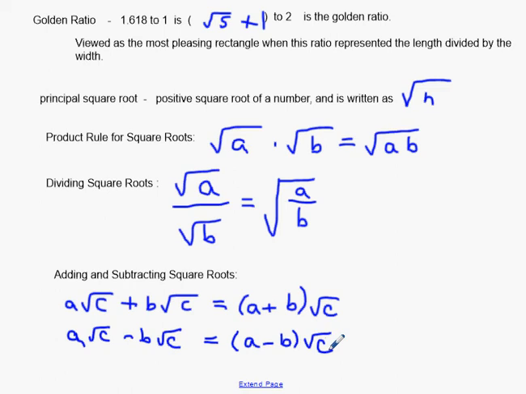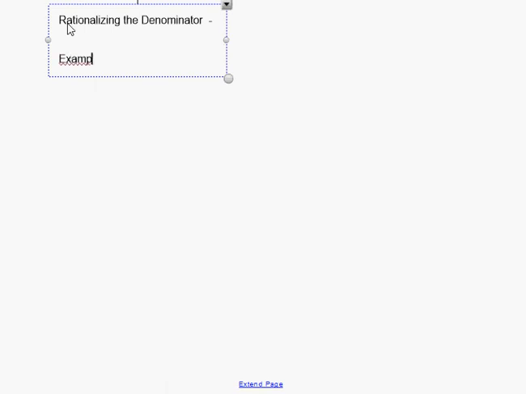Now, we're going to talk about rationalizing the denominator. That's where we end up making the denominator a rational number. And this is called rationalizing the denominator. So if we have a square root in the denominator, let's take a look at an example.